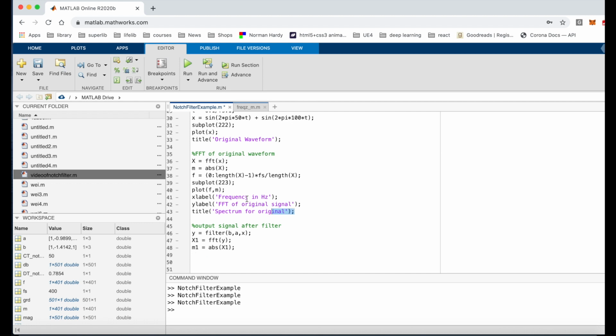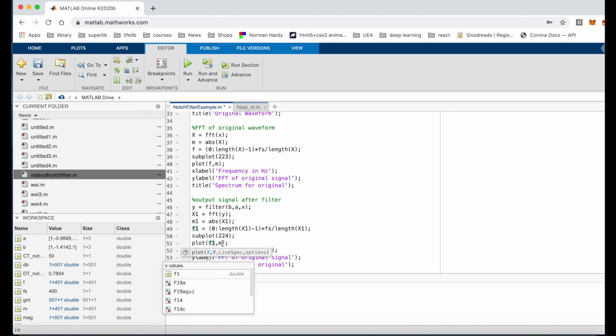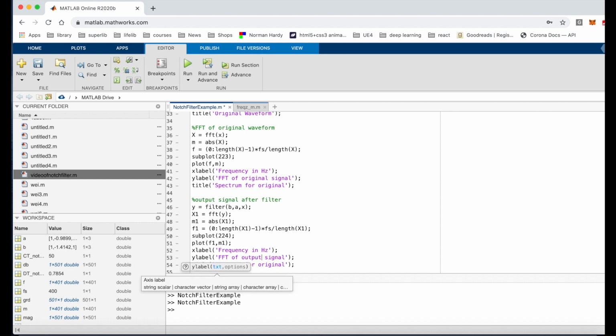We just could copy and paste them here and change the name. And the subplot will be 224. Plot f1, m1, and change the y label to FFT of output signal. And the title is spectrum after filter. Let's run it again.